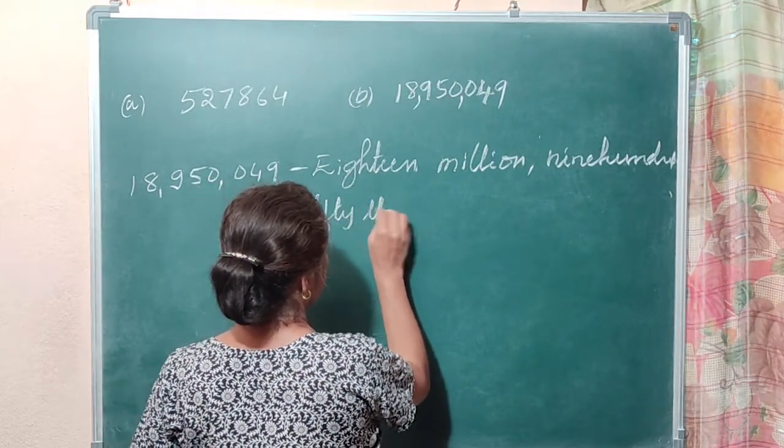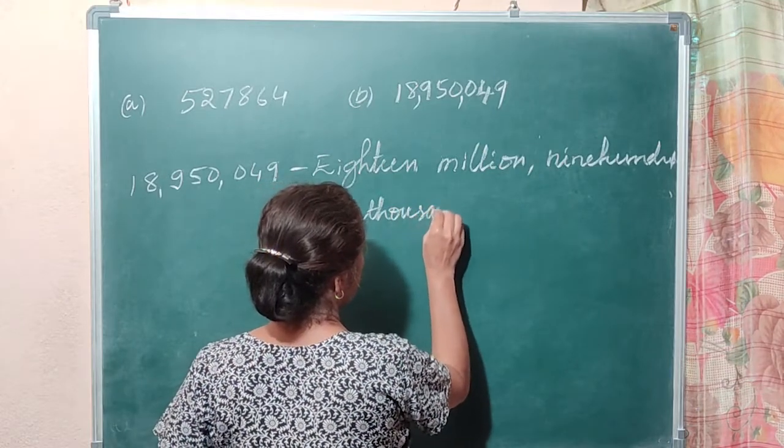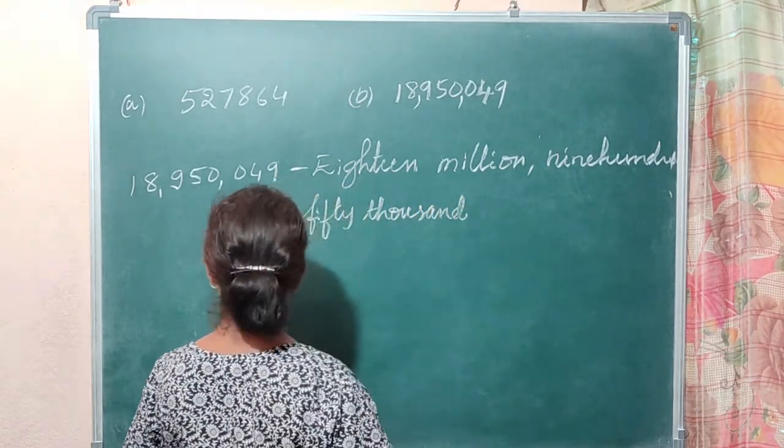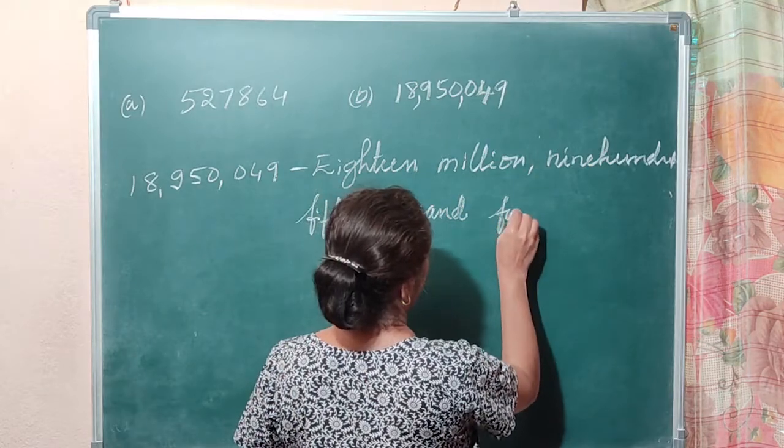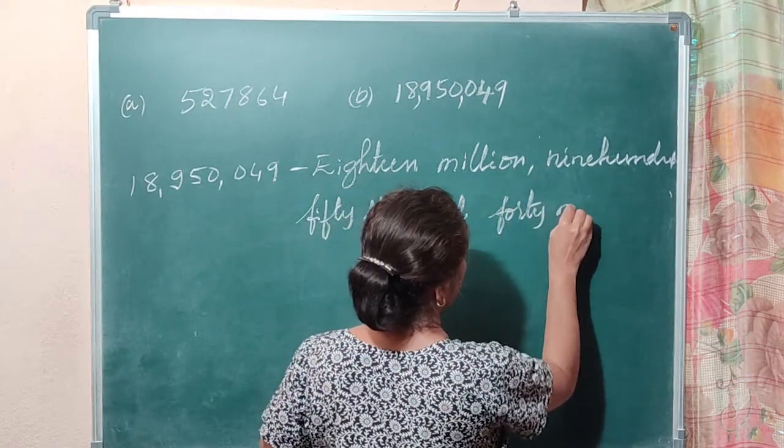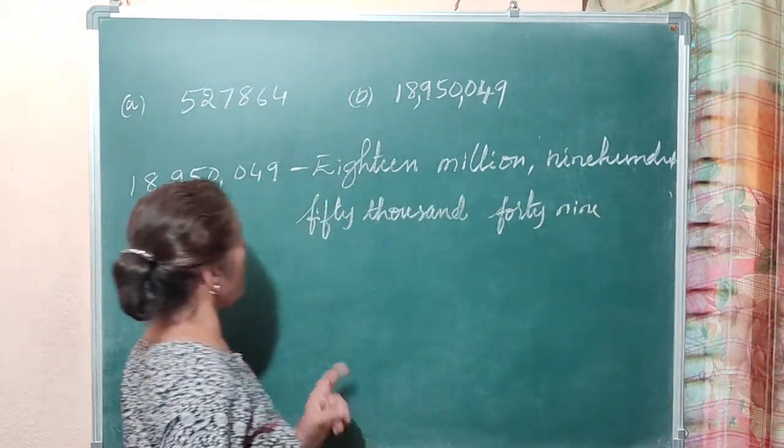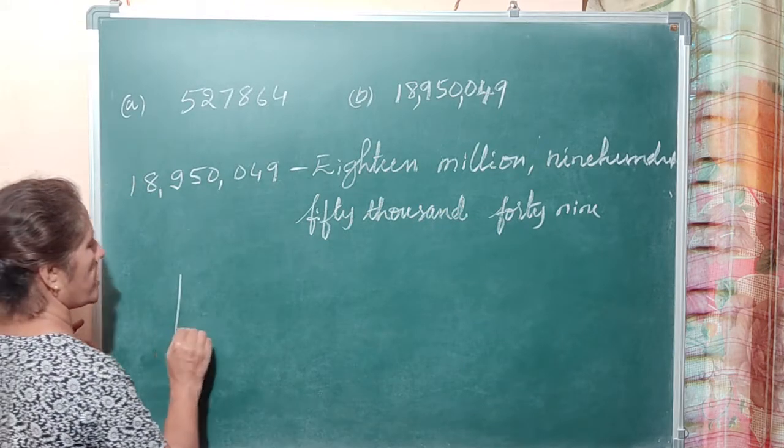950,000. 49. How do you write down 49 in the place value chart?